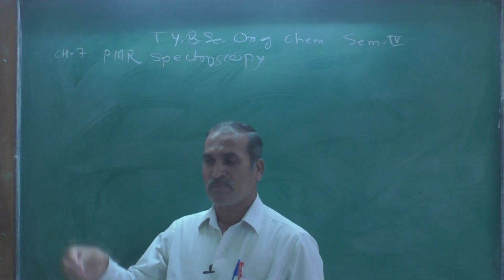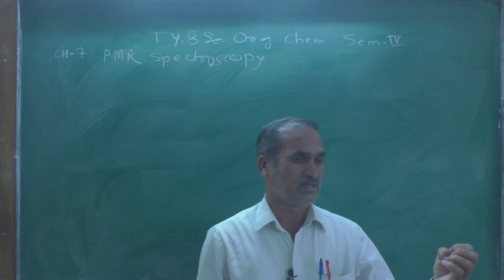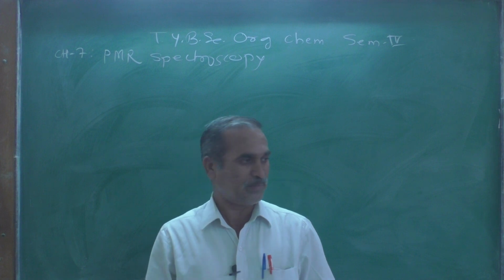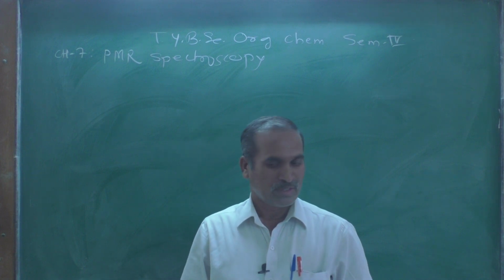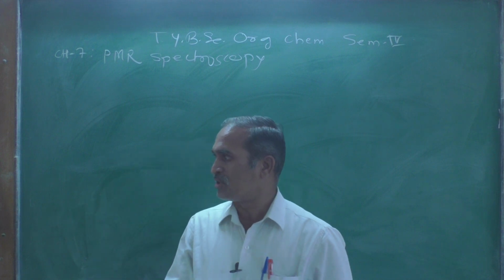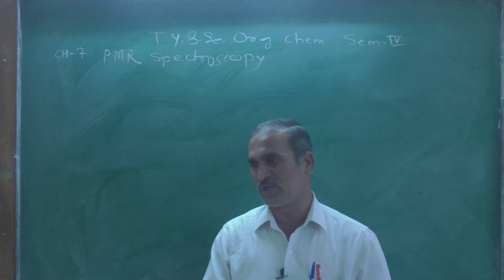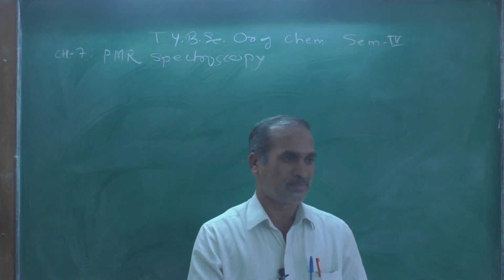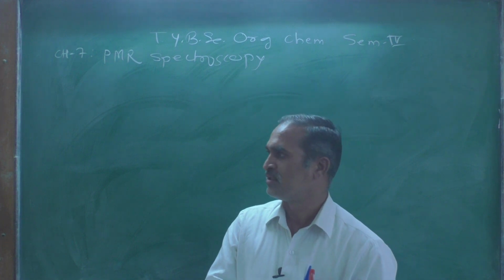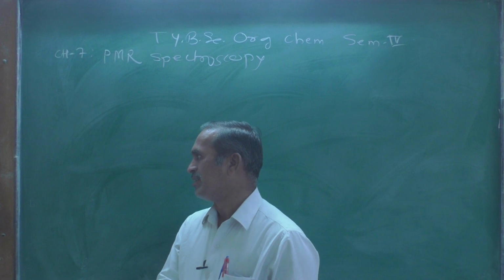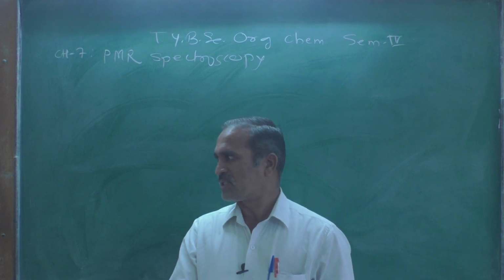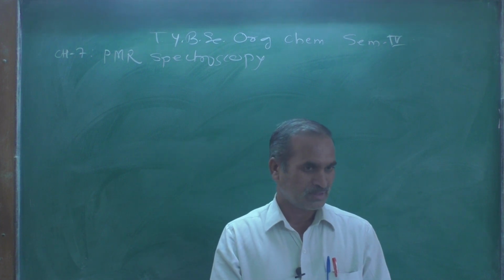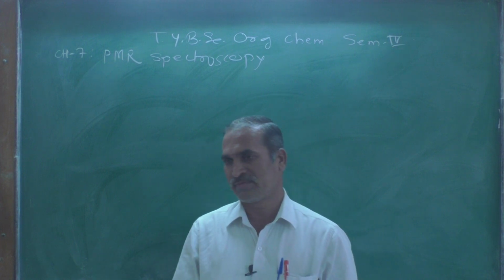That type of information is easily obtained from UV spectroscopy. It also throws light on stereochemistry, as we already discussed. We already learned these spectroscopic techniques by taking suitable examples.